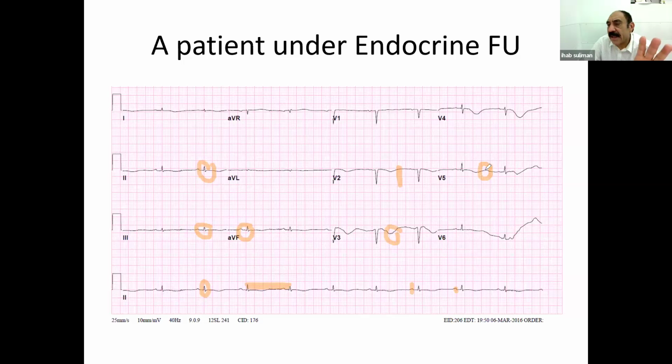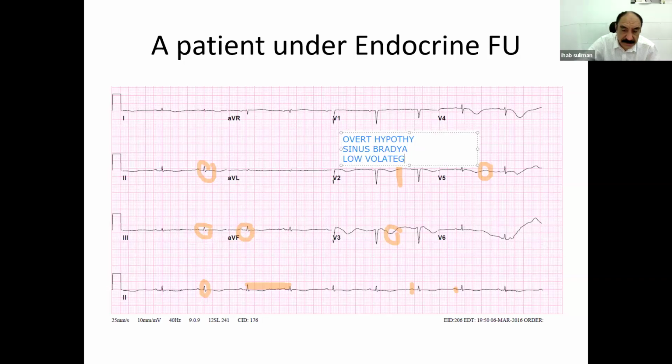So this is a typical example of overt hypothyroidism. So this is hypothyroidism with sinus brady and with also low voltage ECG.